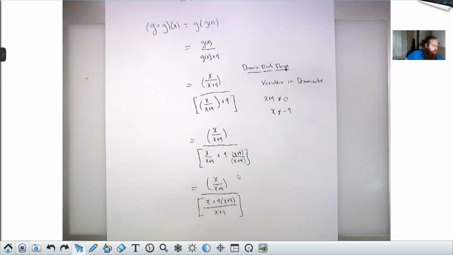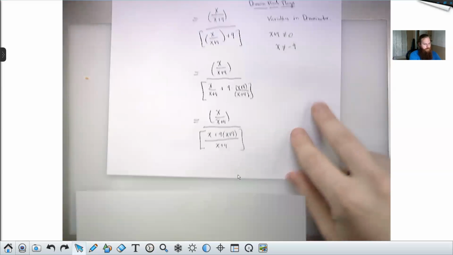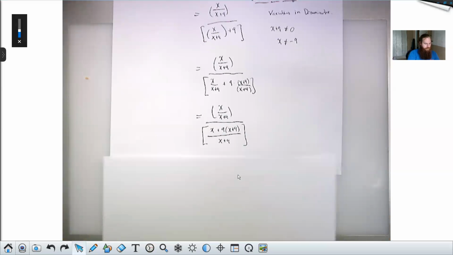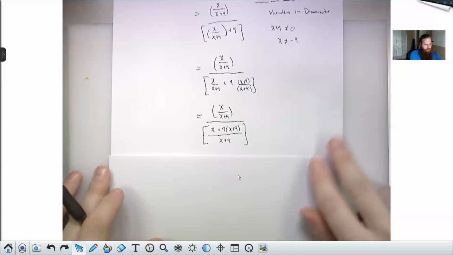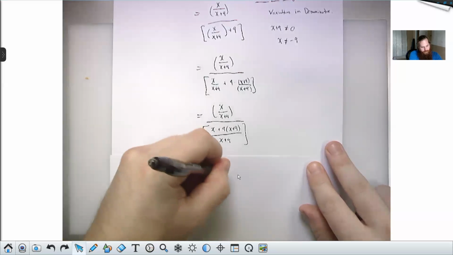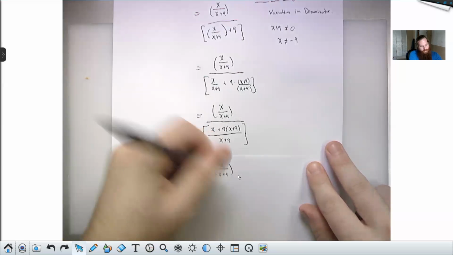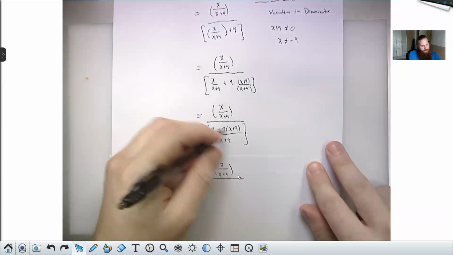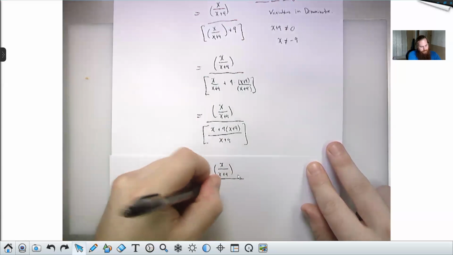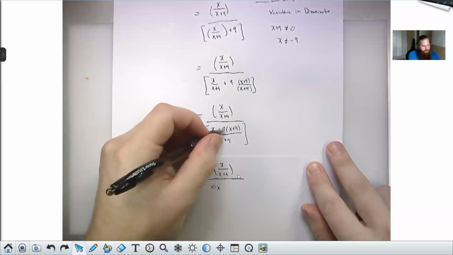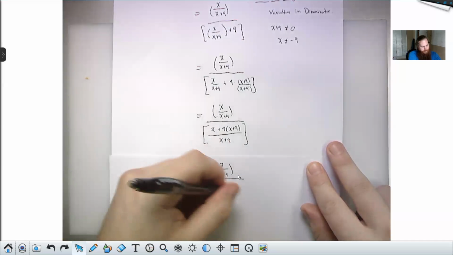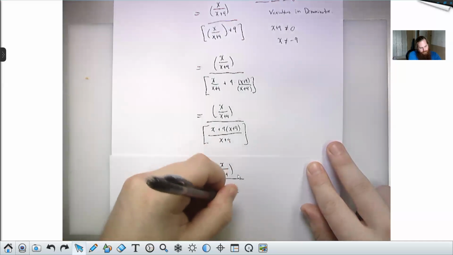Okay. So I'll take one or two more little steps here to figure out what this thing is. The numerator is still x over x plus 9. And the denominator, when I distribute, I'll have x plus 9x, that's 10x, plus 9 times 9 is 81, all over x plus 9.